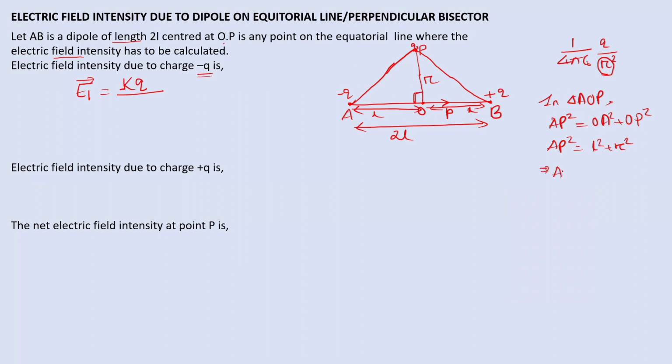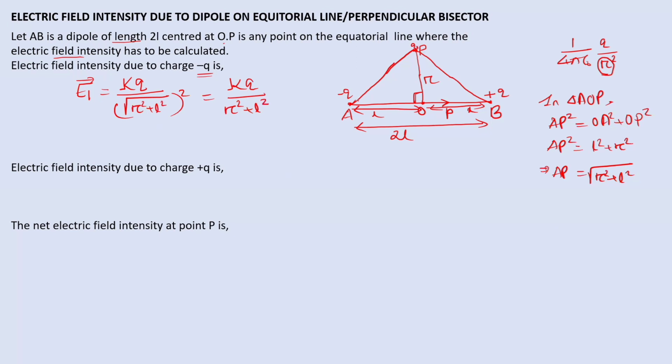By rearranging, AP is equal to root over R square plus L square. We know BP will be the same because the sides are equal. So directly we write root over R square plus L square, whole square. So you can directly write it as KQ upon R square plus L square.